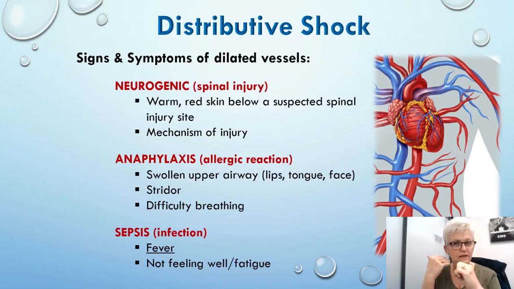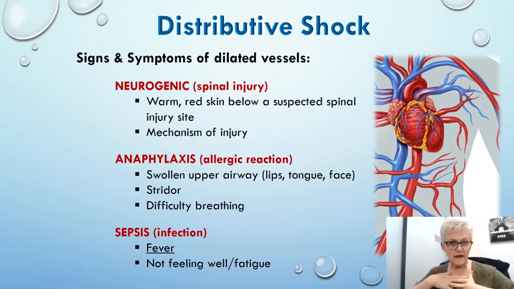Even though the brain says we're in shock, we need vasoconstriction to keep the blood pressure up, because the spine is severed or damaged, all of the muscles below that aren't getting that message. And so, like anything, if we're not being told what to do, they just relax, which means those vessels below the spinal injury get big. Now, we see pale, cool, clammy skin when we have vasoconstriction.